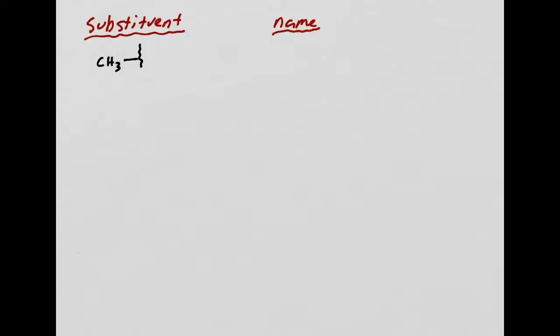If that's the case, I call it methyl. Now, you already knew that meth means one carbon, and this is one carbon, so it has the meth prefix. Now, the YL is for substituent. So it's methyl. One carbon is a branch on the backbone.